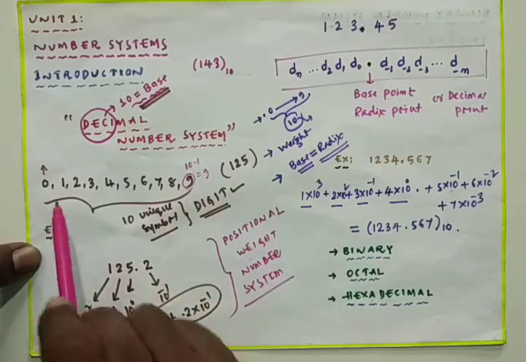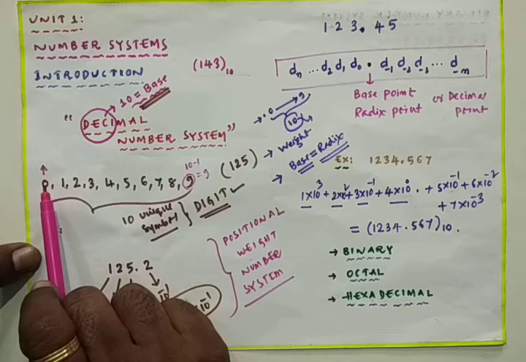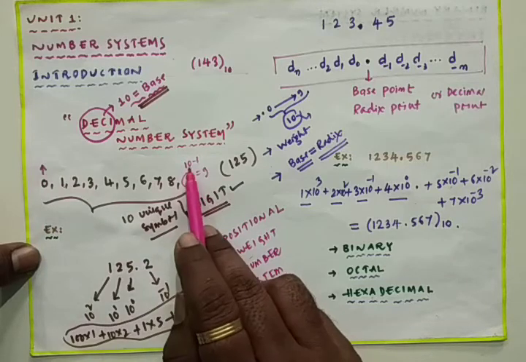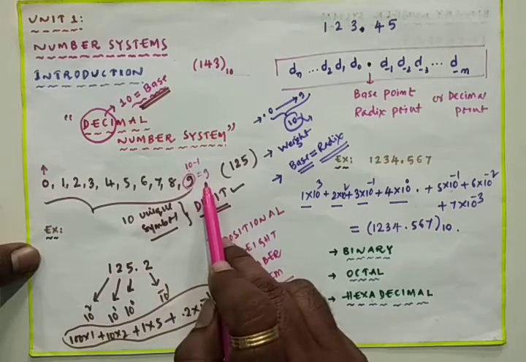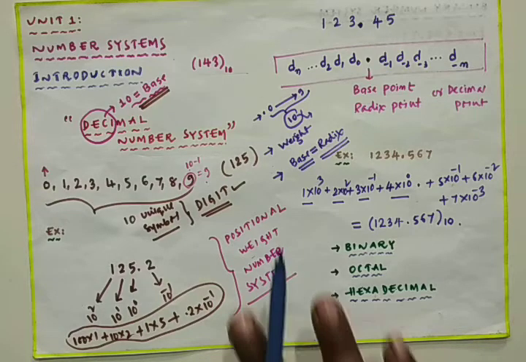That means any number system will start with the digit 0 and end with the digit base minus 1. Here the base is 10, so 10 minus 1 is 9 only. So the point is very clear that any number system will start with 0 and end with base minus 1, and the total number of digits available in that number system is equal to its base.